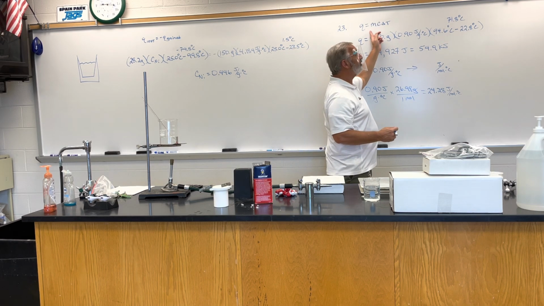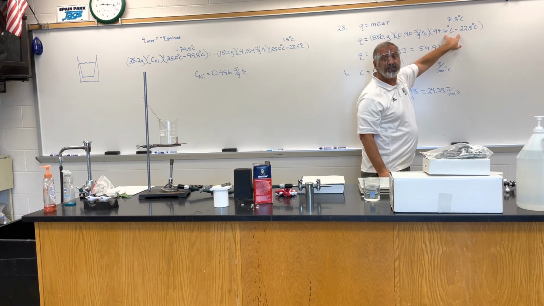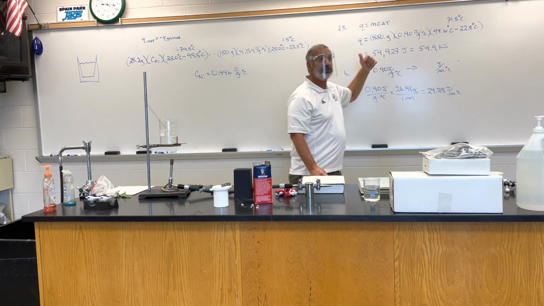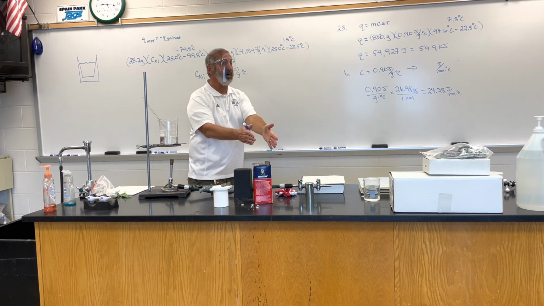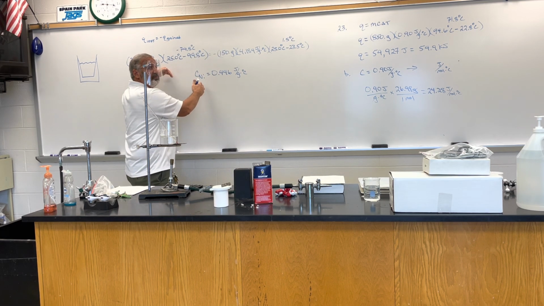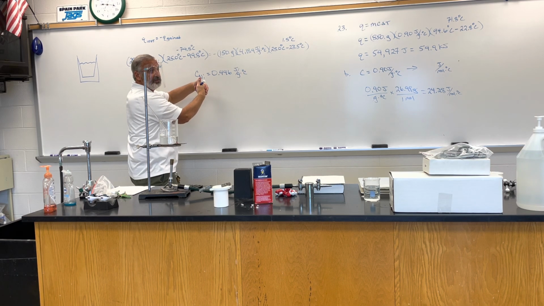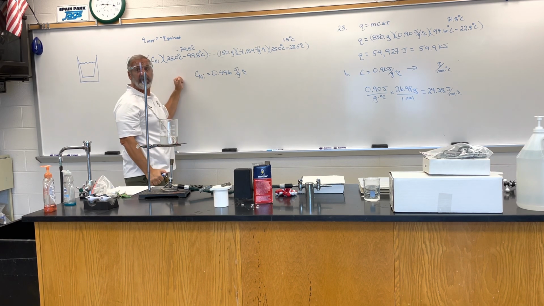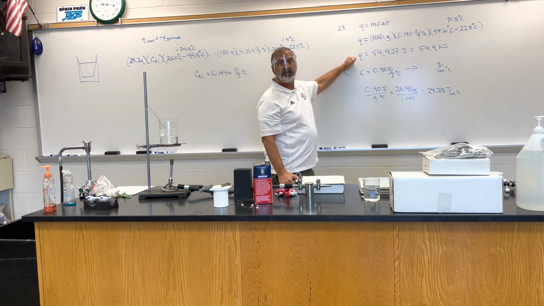If the temperature were going down, the sign would be determined by this, because we'd have a negative temperature, so we'd have a negative Q. So the way you differentiate is we only have one object being heated versus the problem over here, where one was hot, one was cold, and they were combined together. That's how you know Q loss equals Q gained here versus just Q equals mcΔT here. All right?